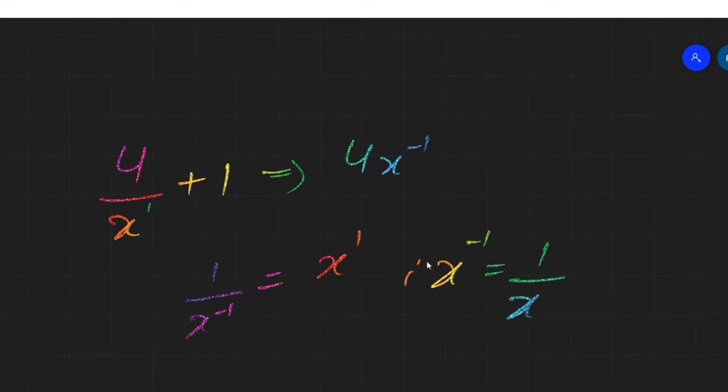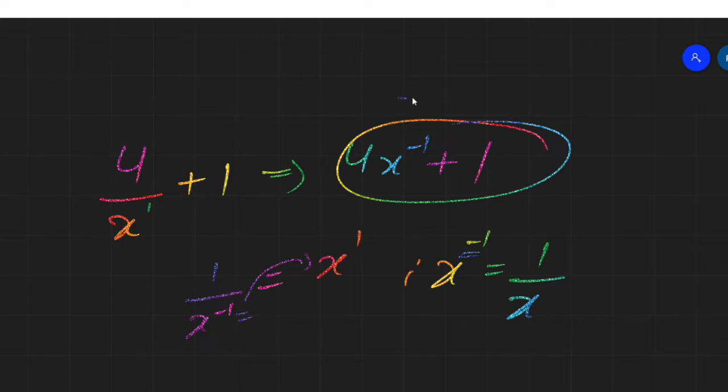If you are taking this down, then you have to take the sign as positive. If it is negative down here and you put it up there, then the sign becomes positive. So similarly here it is x raised to power -1 at the top, then we have plus 1. Now you can see the power of the variable is -1, it does not belong to whole numbers, so we can say it is not a polynomial.